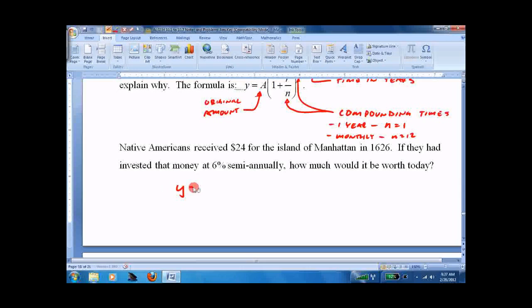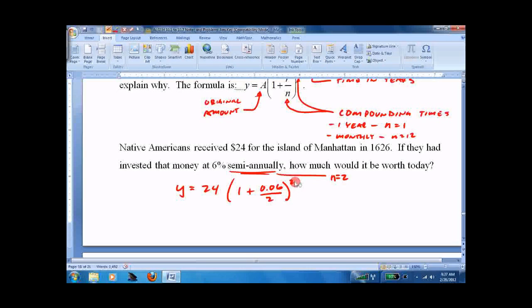So down here we get 24 bucks that Native Americans received for the purchase of the island of Manhattan in 1626. And it's going to be semi-annually, so n is going to equal 2, meaning they check it every 6 months. Interest rate, relatively conservative 6%, probably should be a little less than that, but that's okay.